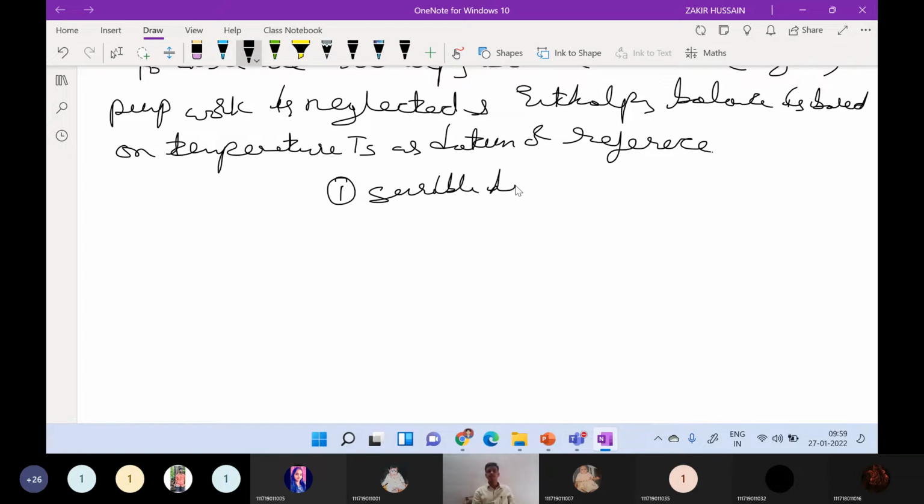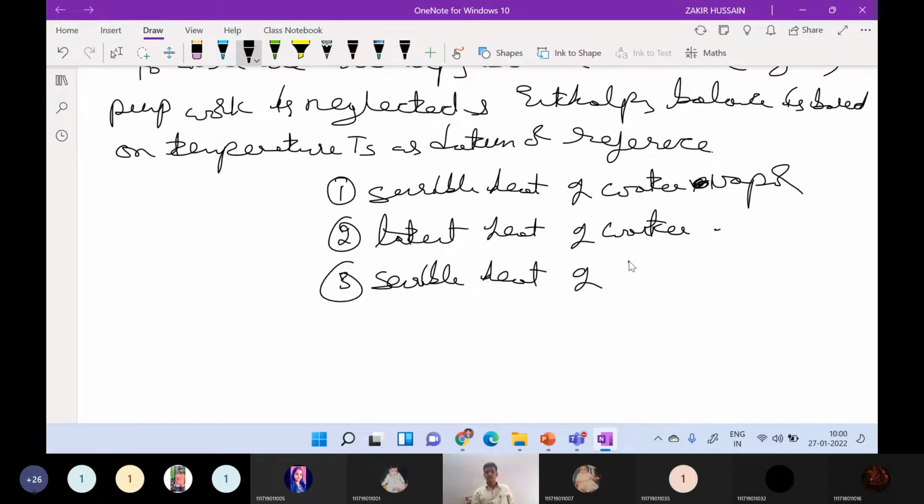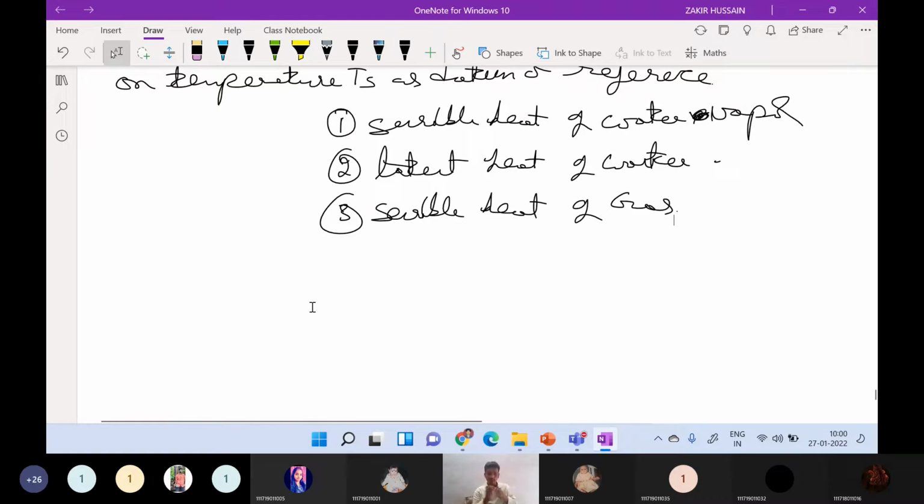Sensible heat of your water, latent heat of your water vapor, and the third one is once again the sensible heat of gas. Yes, the sum of these is the total enthalpy balance.